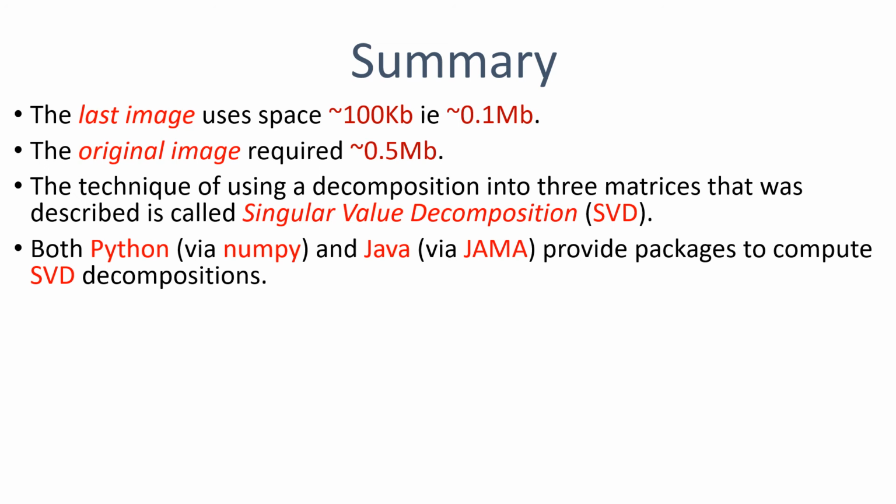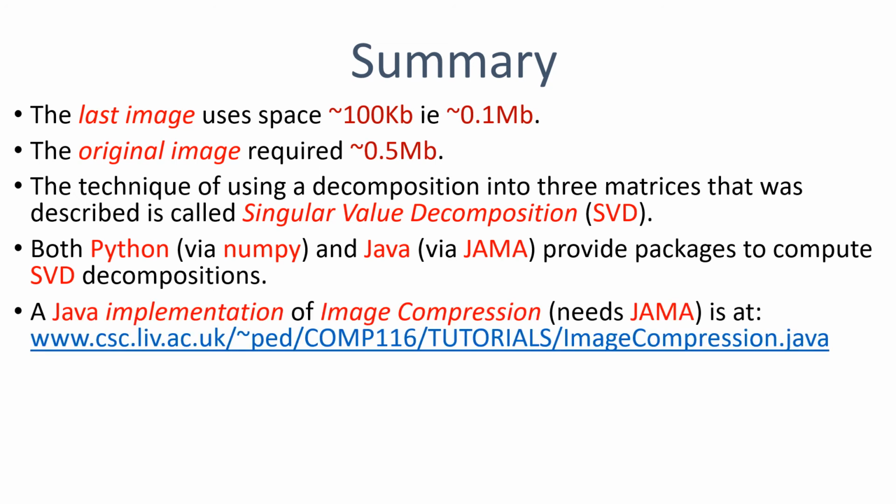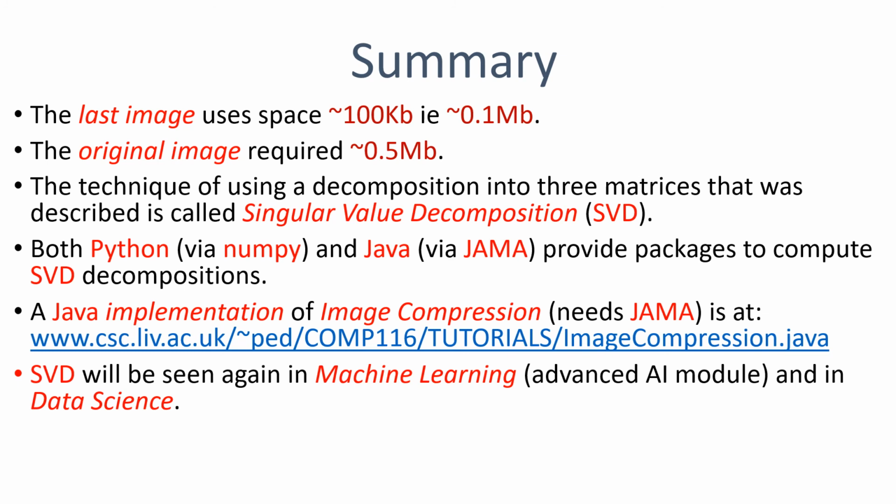We do not have to write methods to carry out this process from scratch. They're already implemented. If you're interested in playing about with this, there's an implementation in Java, so you'll need this package, which is provided on the module web pages.